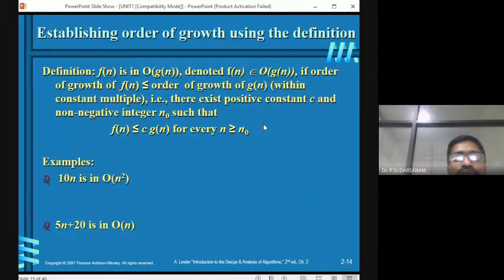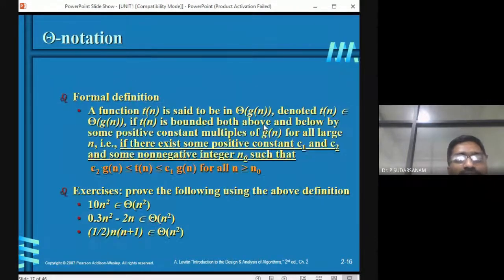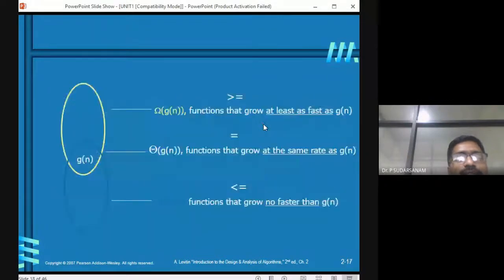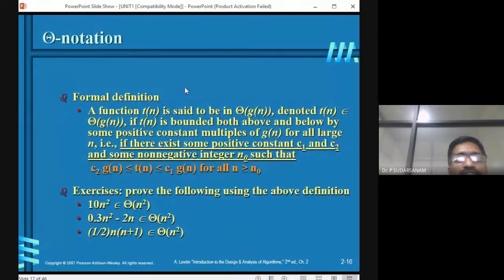So this is the definition for theta. Let us see once again, I'll read the definition. A function T of n is said to be theta of G of n, denoted T of n belongs to theta of G of n, if T of n is bounded both above and below by some positive constant multiples of G of n for all large n.